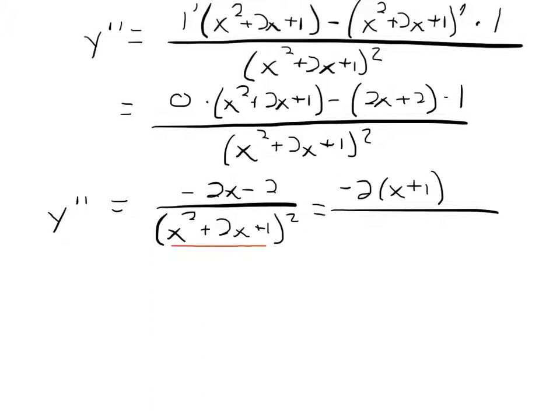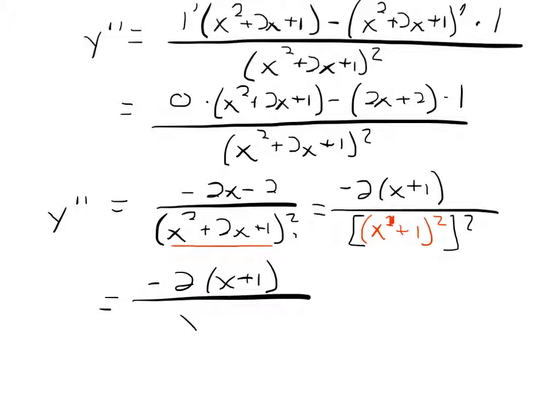So this part right here, once again, is the same as x to the first plus 1 squared, and then that is raised to this 2 here, which means this is really saying negative 2 over x plus 1 to the fourth.